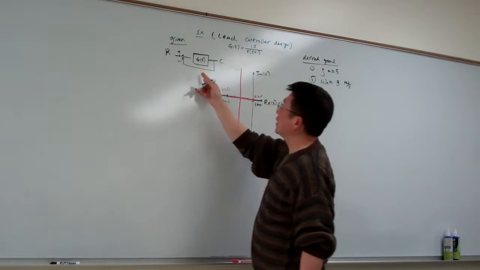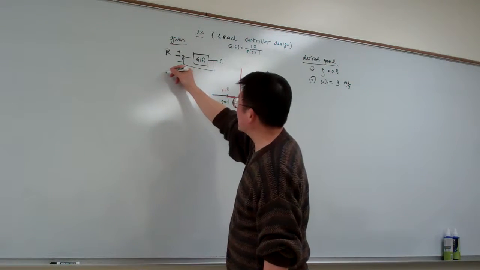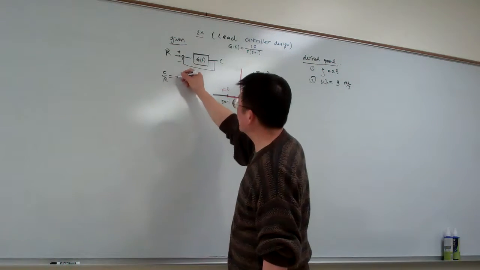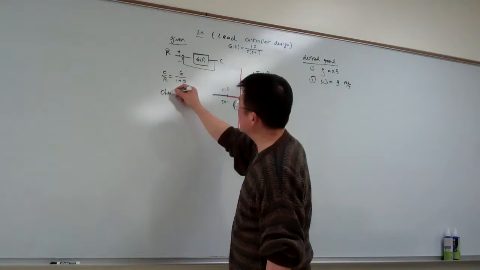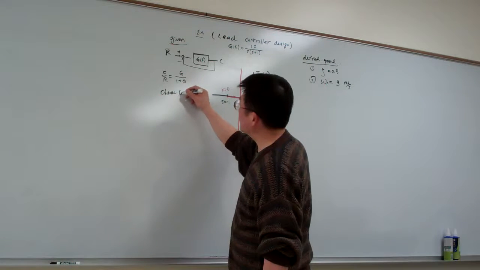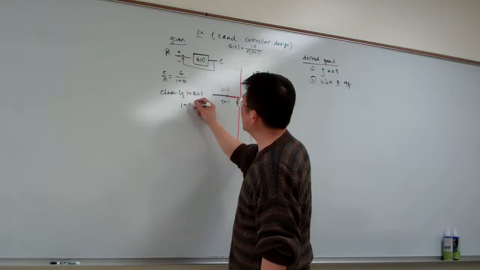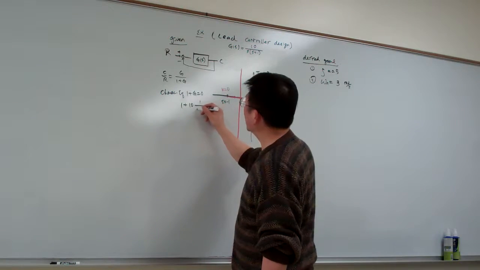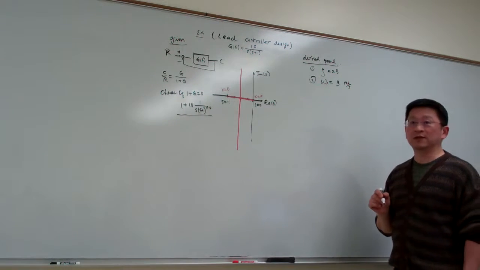So given a closed loop system like this, then its C over R will be equal to G over 1 plus G. Therefore its characteristic equation is 1 plus G equal to 0, or 1 plus 10 over s(s plus 1) equal to 0. Right? So that is the characteristic equation for this.